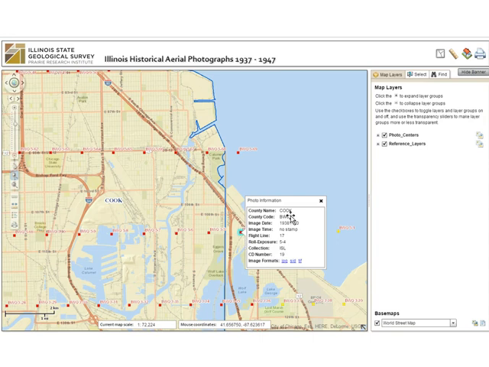You can pull this out, and this is in Cook County, and then there's some codes here that are used to identify a particular image, and then flight lines and so on. And then you have image formats here that you're able to download.